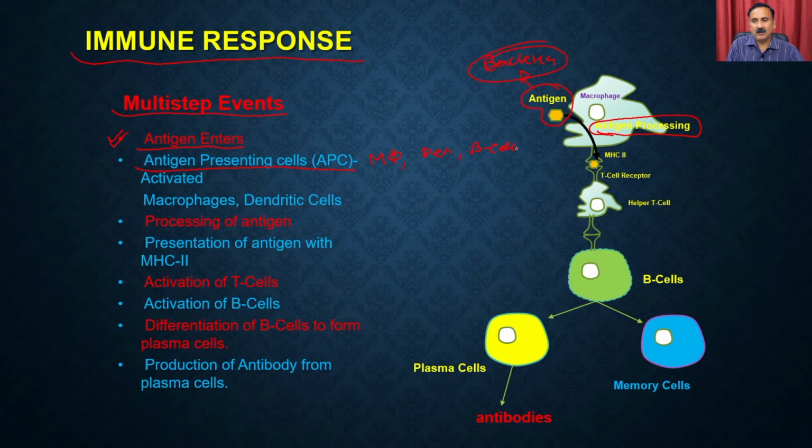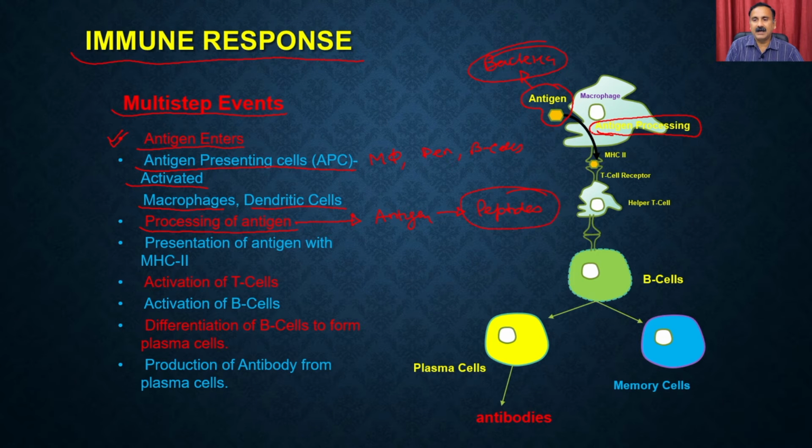Once the antigen presenting cells are activated, these cells are going to do the processing of the antigen, and during the processing, they are going to generate peptides from the antigen.